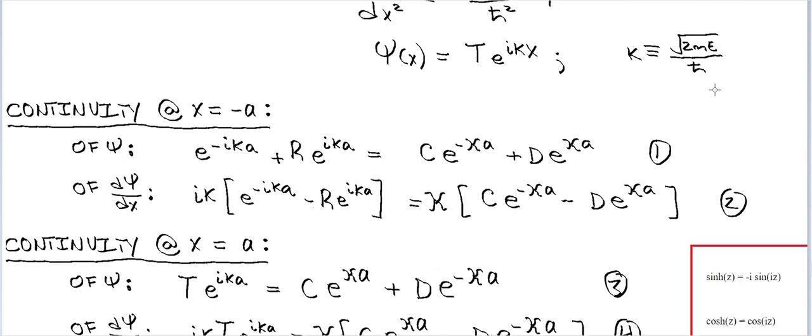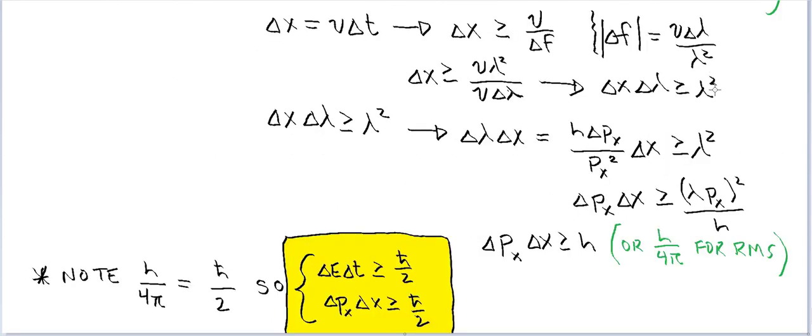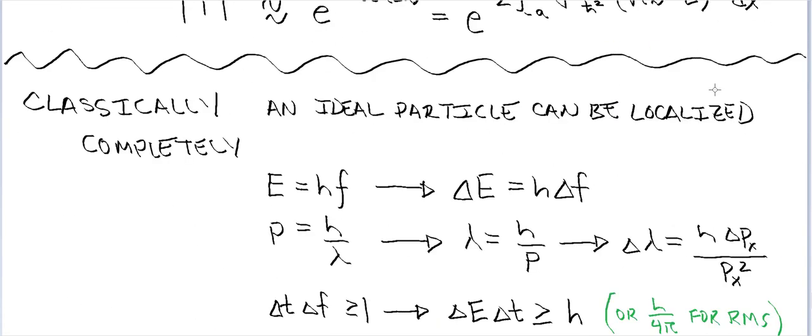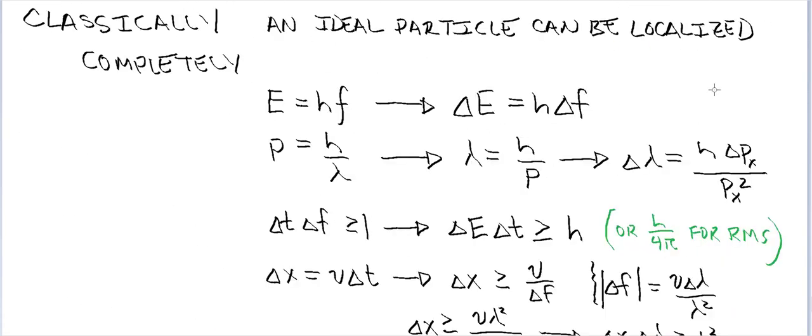Okay, but wait, there's more. Not a whole lot more. Classically, we have an ideal particle that can be localized completely. We can know where the particle is.